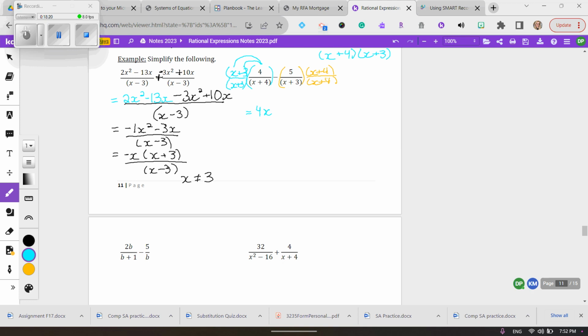I have 4 multiplied by 3, which is 12, over top of x plus 3 over x plus 4. Okay, the second fraction, subtract 5x, x times 5, and 4 times 5, which is 20. All over top of x plus 3 over.